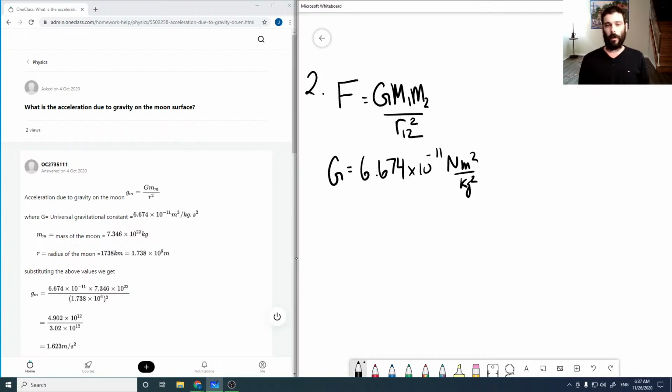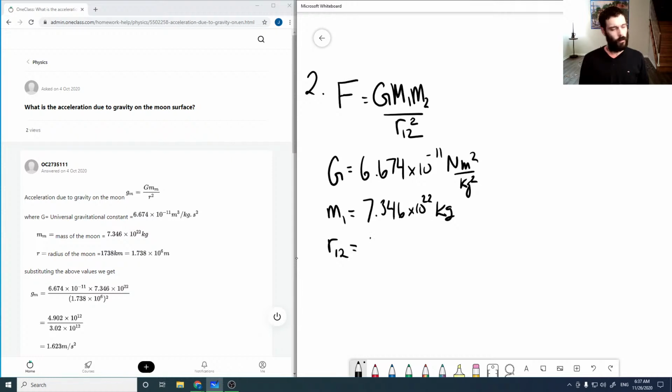Now in this example, we're going to use M1 as the mass of the moon, which would be 7.346 times 10 to the 22 kilograms. And R12 would then be the distance from the center to the surface of the moon, or the radius of the moon.